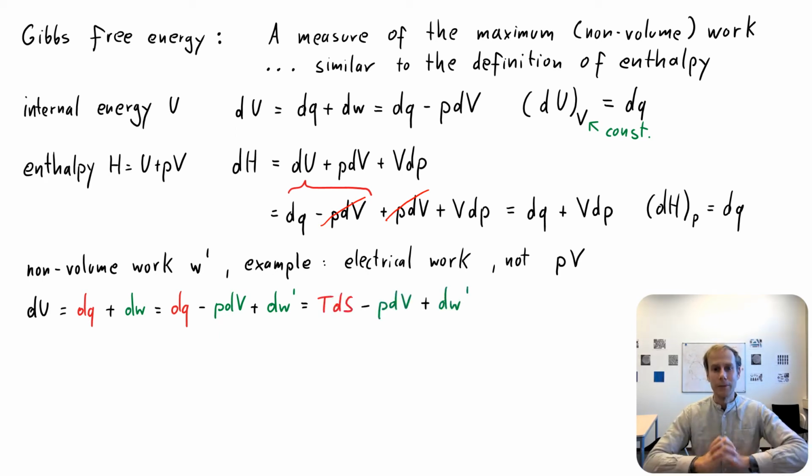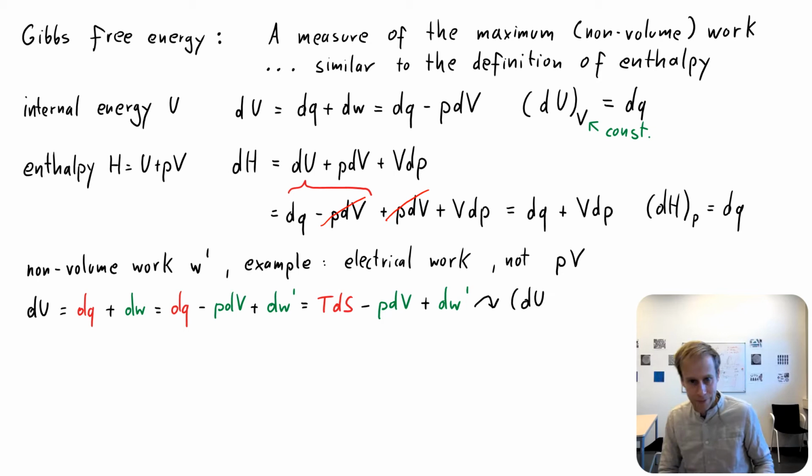Yeah? So the heat term dq, we can substitute with TdS, temperature times entropy change, which we have introduced earlier. And then here I just keep the pdV and the non-volume work terms in this equation.